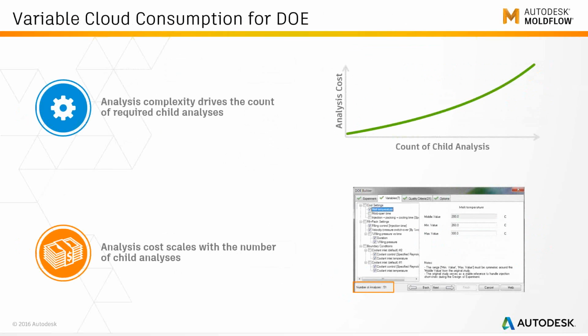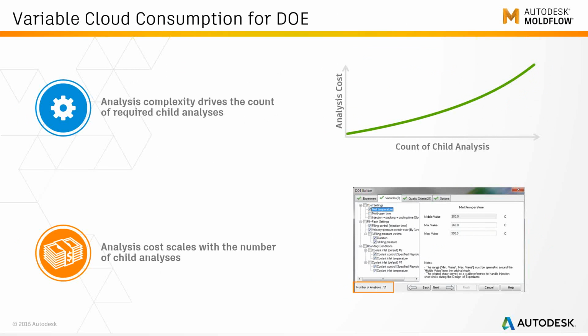Okay, so moving forward. In the Moldflow Flex 2016 release, if you wanted to run a DOE, regardless of how big the DOE is set up, we only charged 100 cloud credits, and going forward, we will charge more for larger DOEs. So if you add more complexity to your DOE, we will charge more for that.